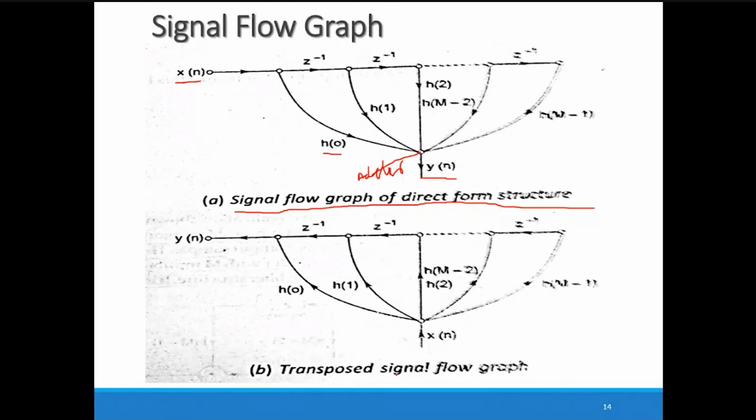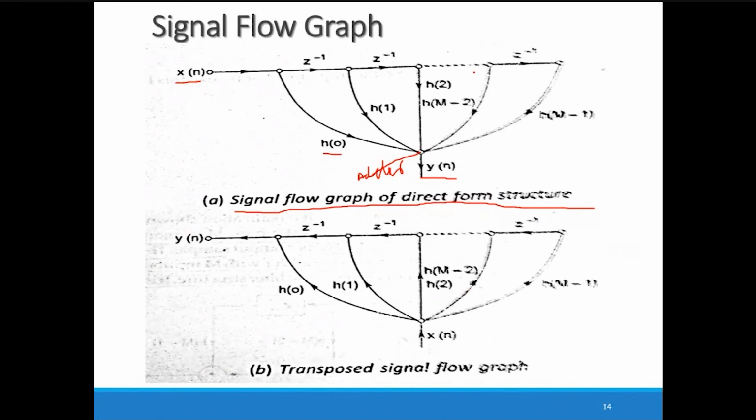Now, as we have discussed, to obtain the transpose form structure we have to change the direction of branch transmittances. Whatever direction you see from left to right, all the directions are changed from right to left.